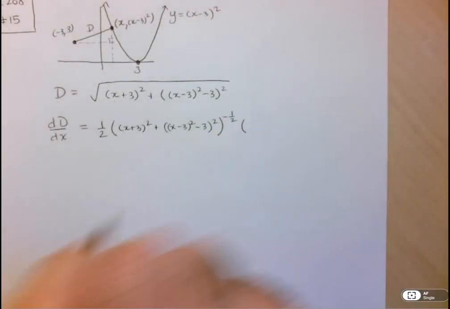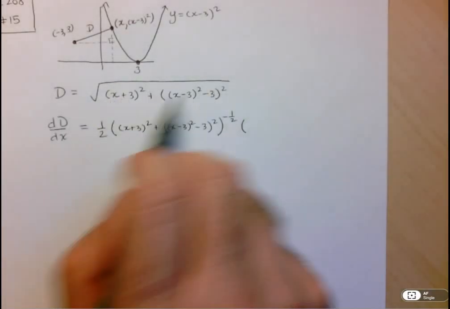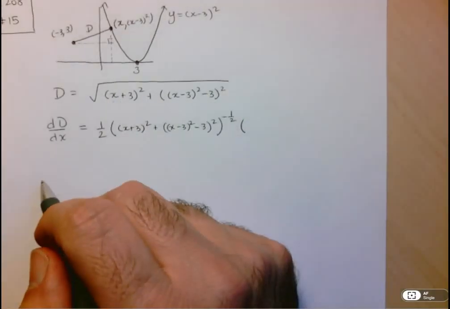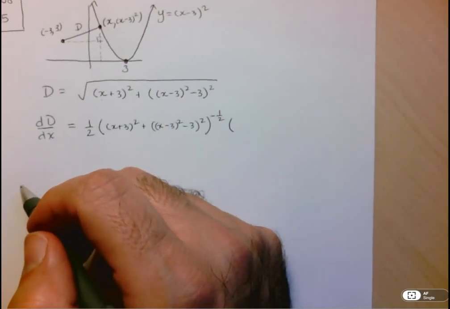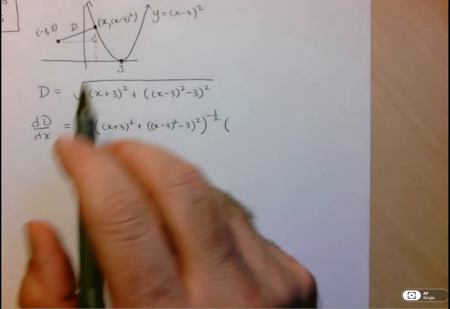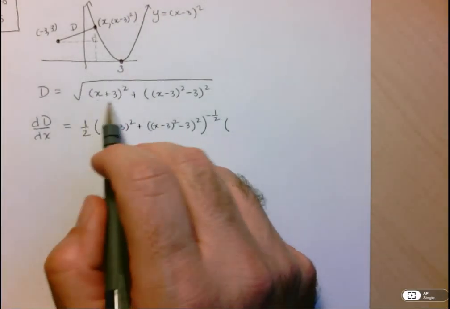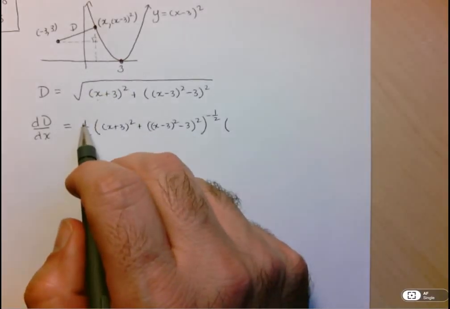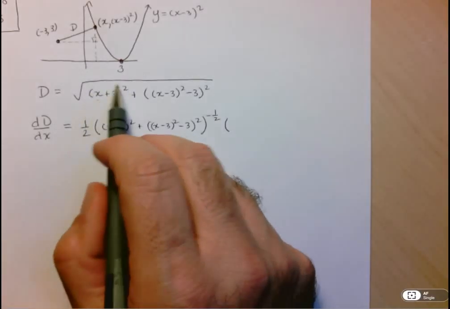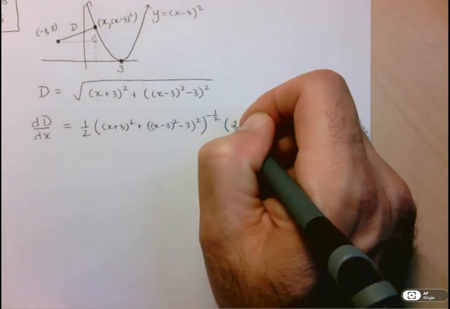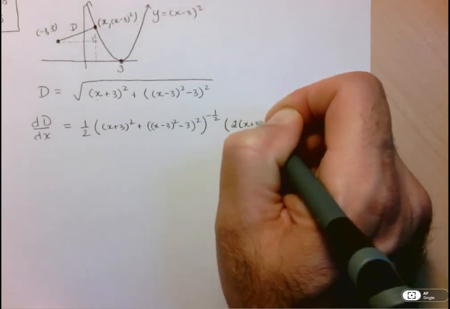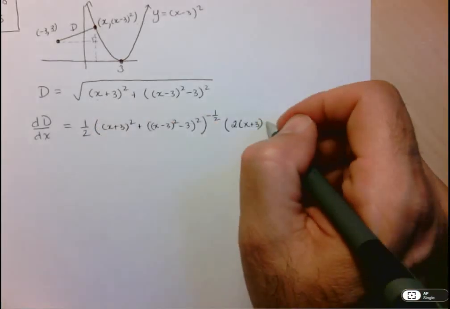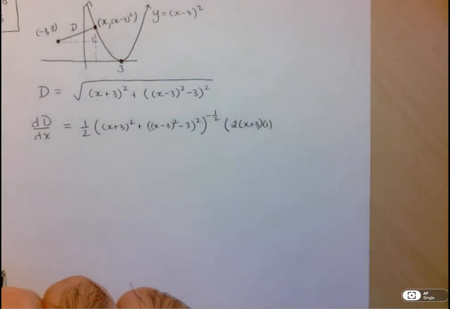So this is the part now where I want to carefully take the derivative of the expression in the square root. And I'm going to make use of our good friend, the chain rule, as much as I can. So instead of multiplying this out, I'm just going to apply the chain rule. So the derivative of (x plus 3) squared is 2 times (x plus 3) times the derivative of x plus 3, which is just 1.